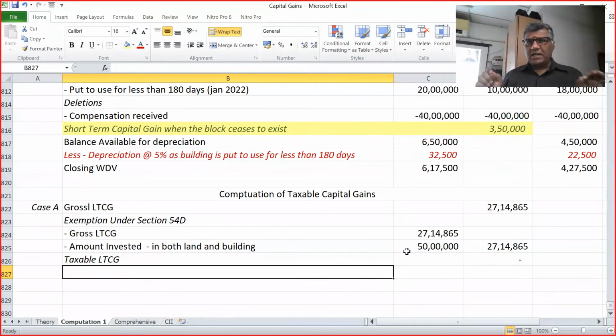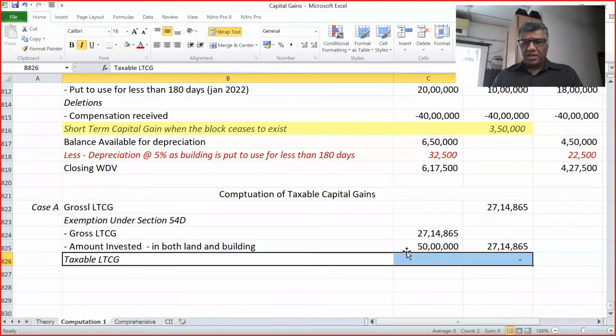My first level of understanding is yes, you can claim exemption. You need not correlate and see that for land I should invest in land. No, transferred is land and building, invested is in land and building. You can claim, friends. Second understanding is you can claim exemption as well as depreciation. No problem.